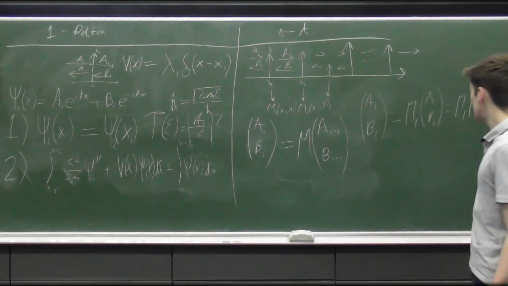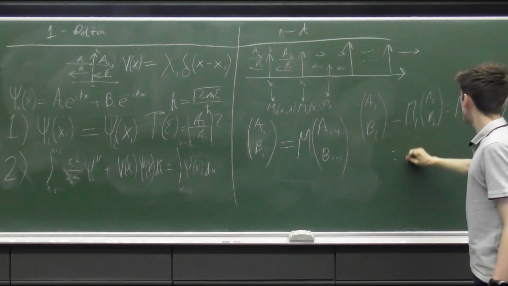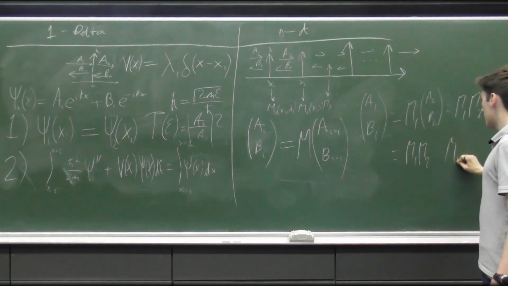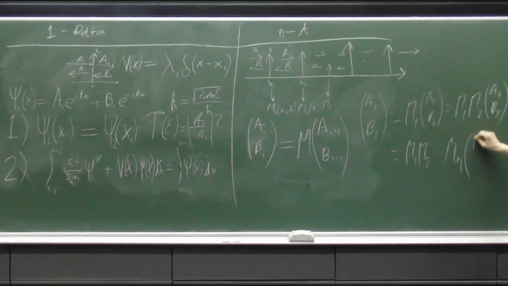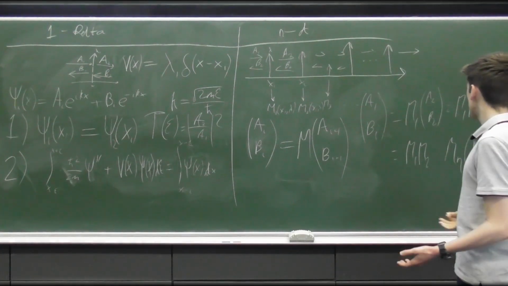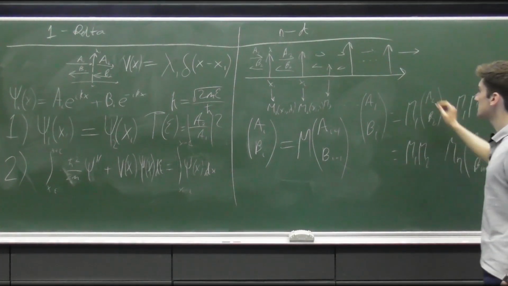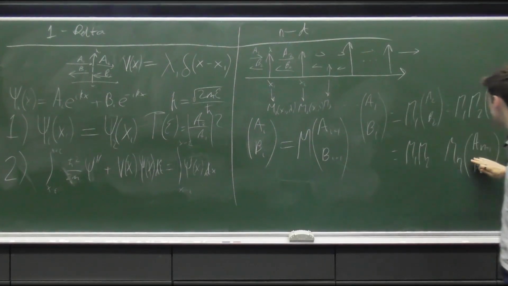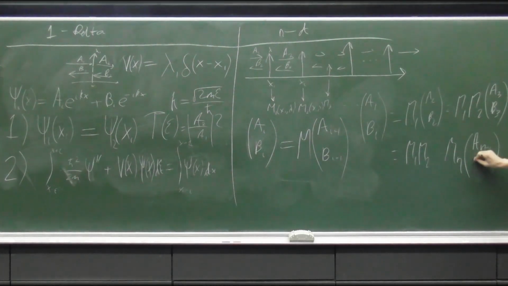Follow that logical reasoning. You then just have M1, M2, up to Mn applied to A_{n+1}, B_{n+1}. And then as a convenient trick, we can actually just say that there is no incoming wave on this side. So that reduces our final coefficient to a 0.